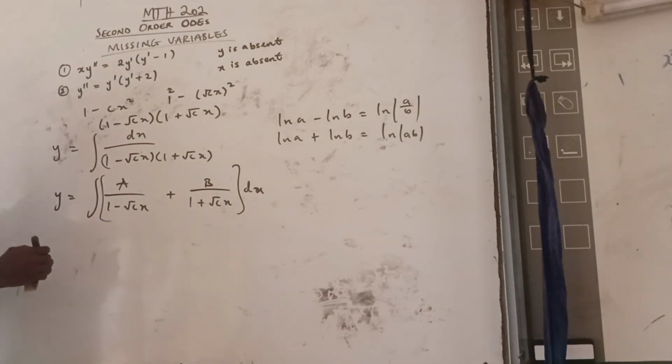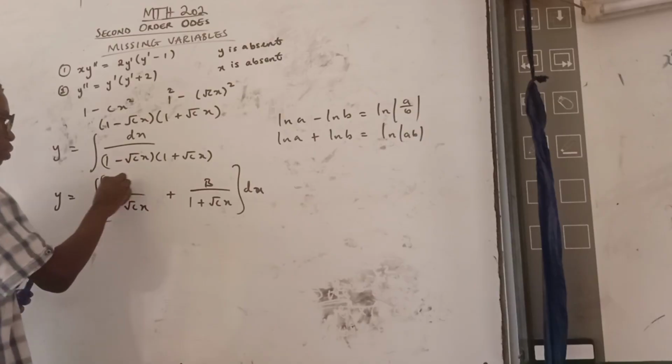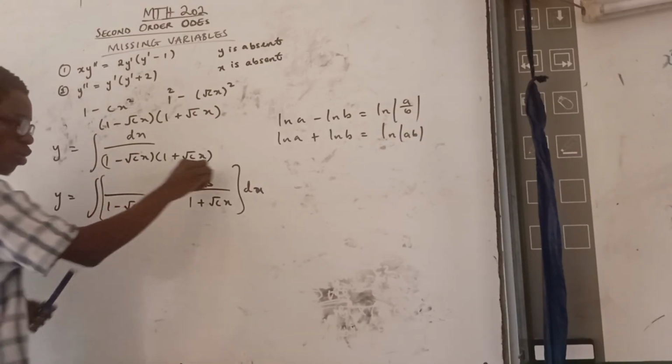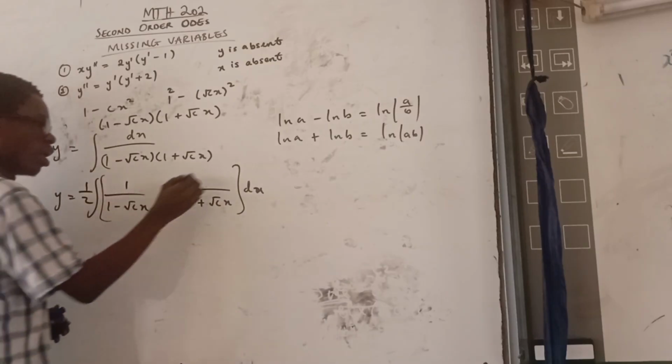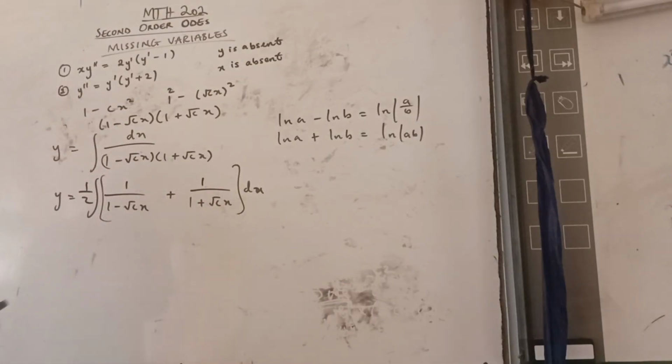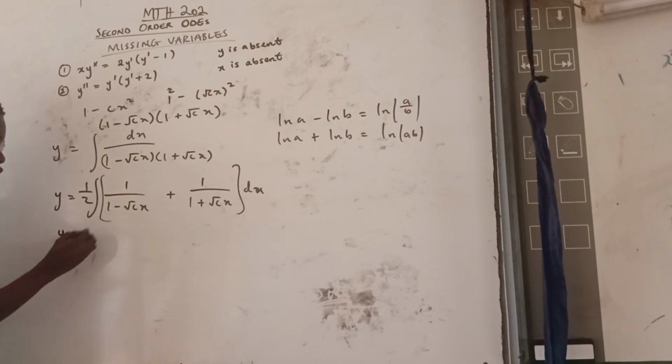We have gotten our a to be 1 over 2, and our b is also 1 over 2. So I can basically rewrite both of them and bring 1 over 2 out. So y equals 1 over 2.